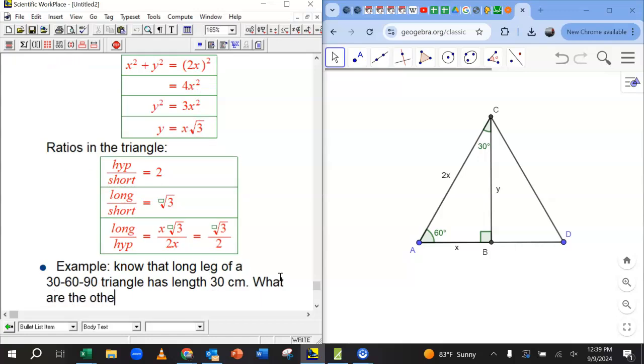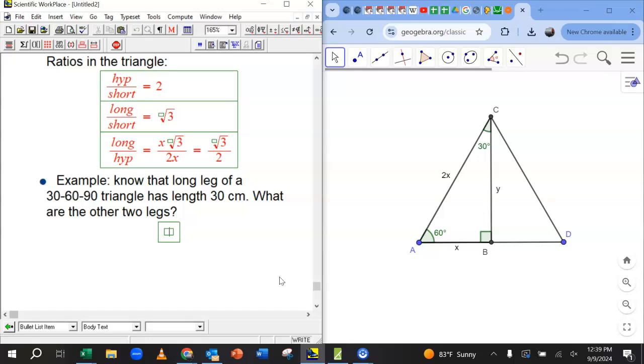What are the other 2 legs? Okay, so let's see. So that's Y equals 30. We like to solve for X, but we know that Y is also X times root 3. Okay, so we're going to solve that. X is going to be Y divided by root 3, or in other words, 30 divided by root 3.